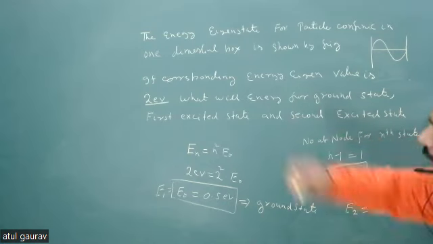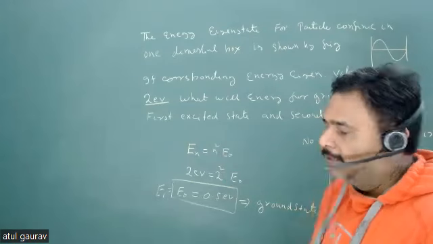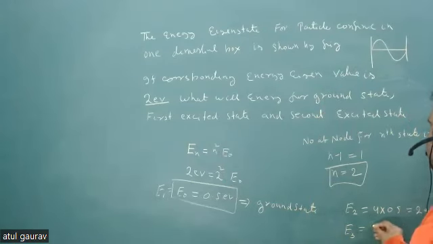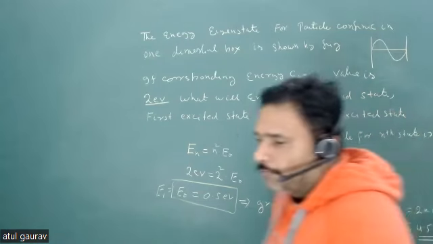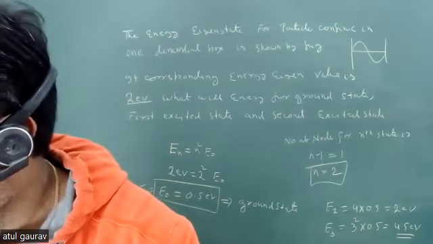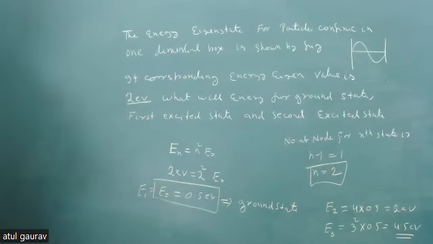So it is also given in your exam, but you have to identify which energy level it is. And what will be your E3? बताइए, 3 square into 0.5, and that value is equal to 4.5 electron volt. So from there you can easily calculate which level it is, है ना?